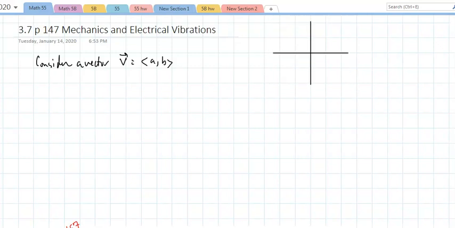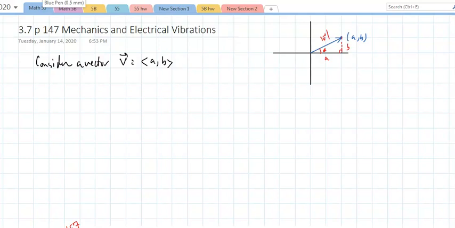Assume that this happened to be AB. So, in short, this is A, this is B, this is theta. This is the magnitude of that vector V.